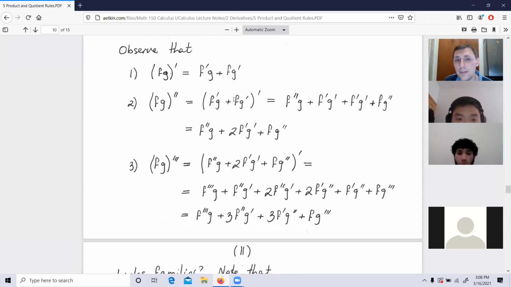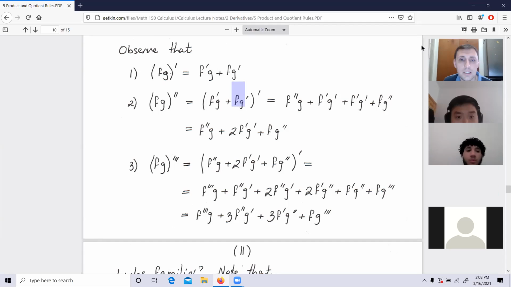Do you agree? If I take the derivative here, it's product rule here plus product rule here. Applying product rule here, I get f double prime g plus f prime g prime. Applying product rule here, I get f prime g prime plus f g double prime. The prime travels from here to here. Do you all see that?